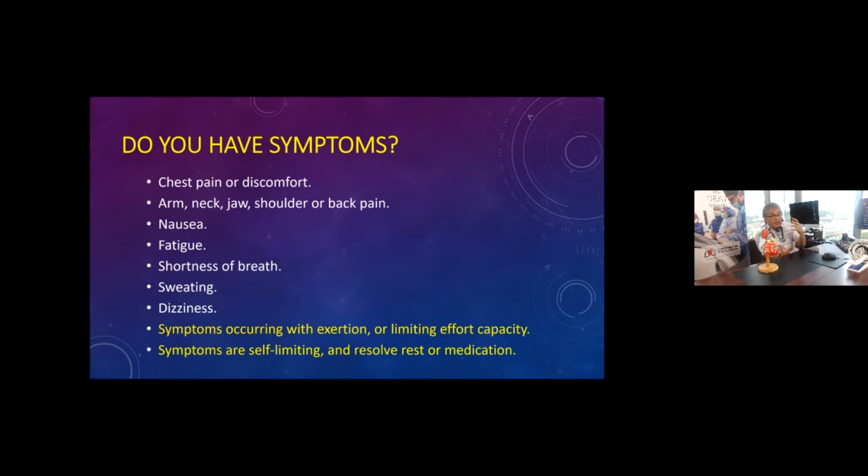When it's in the early stages, when the blood supply is narrowed but not completely blocked, these symptoms tend to happen when you're doing extra physical activity, more than you normally do. As the narrowing gets worse, it will become more frequent, and eventually it will happen even if you're doing very minor things. When you get to that stage, that's already quite advanced.